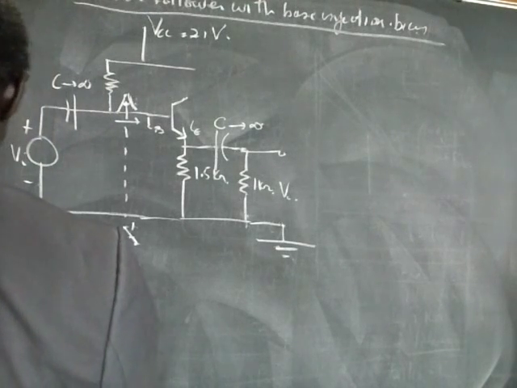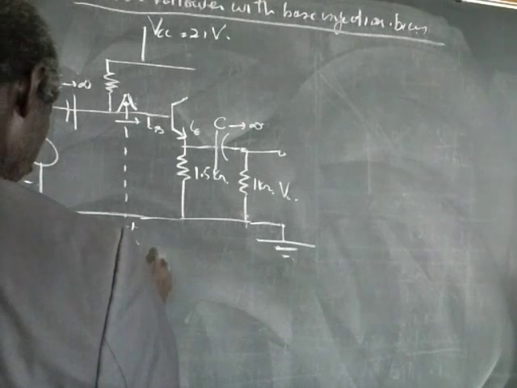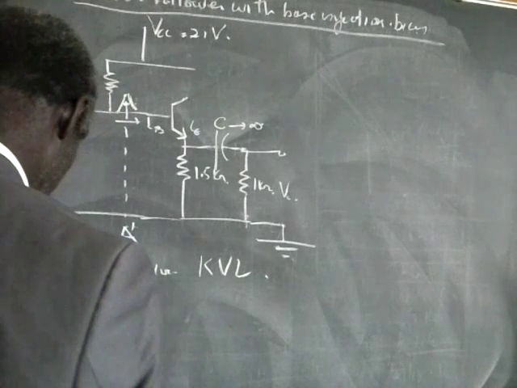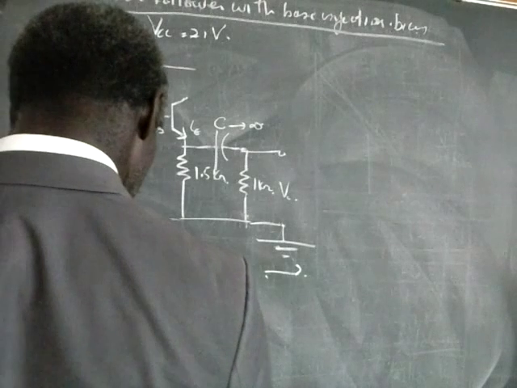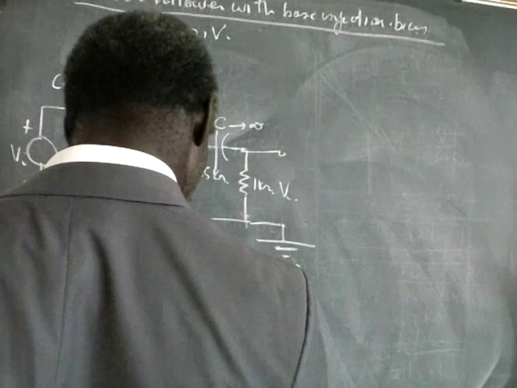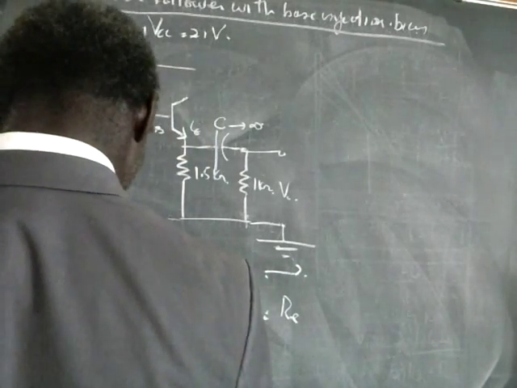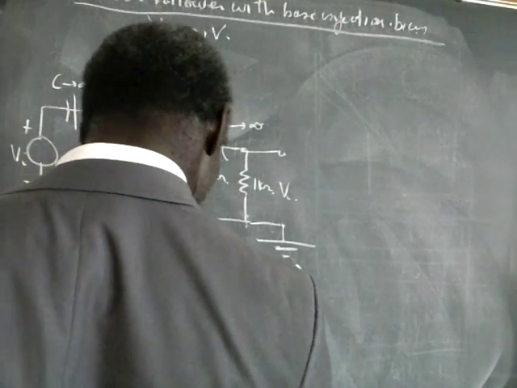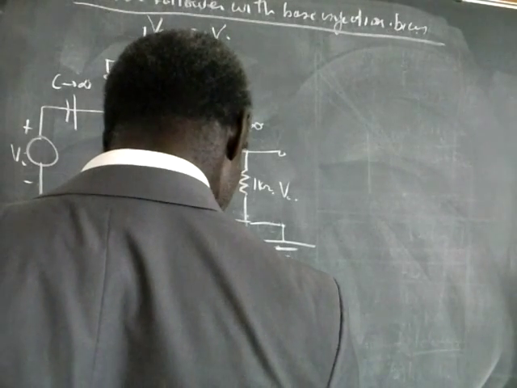So applying KVL now, on the application of Kirchhoff voltage law, this will yield now that VB is equal to VE, I is equal to 7 plus 1 plus beta I base.